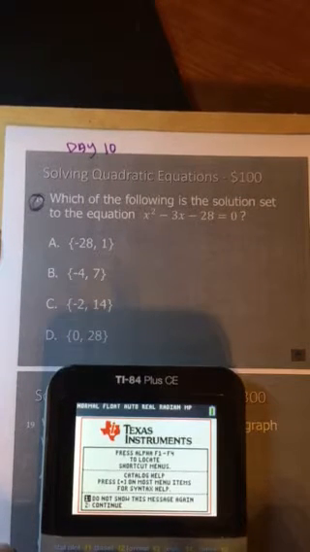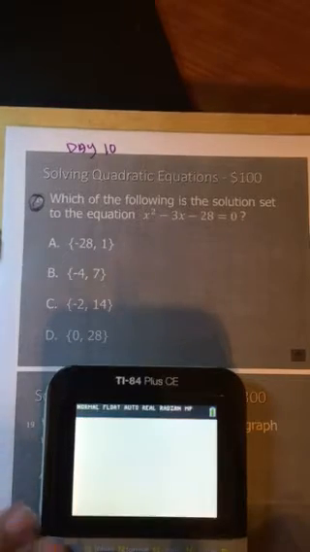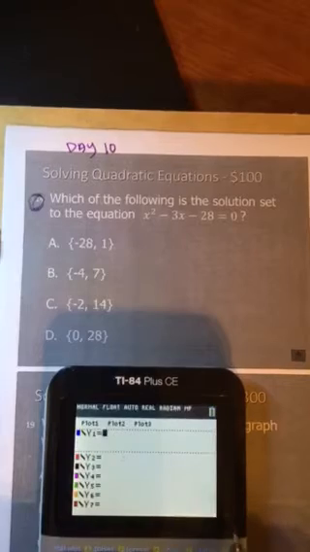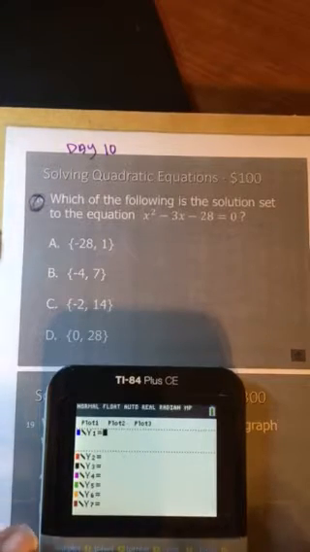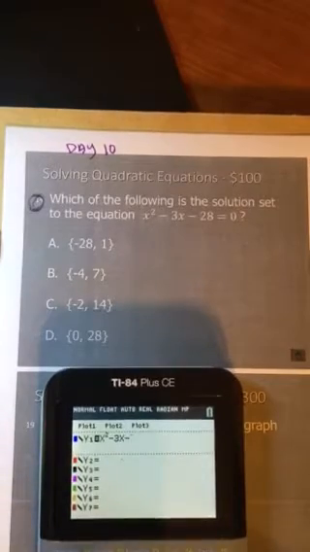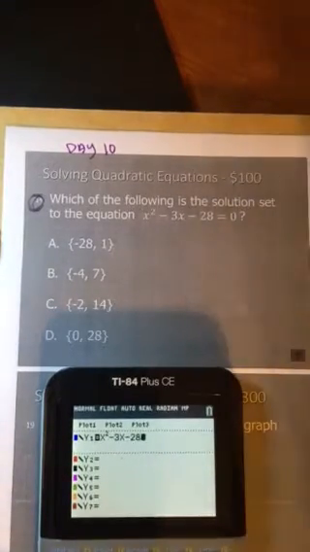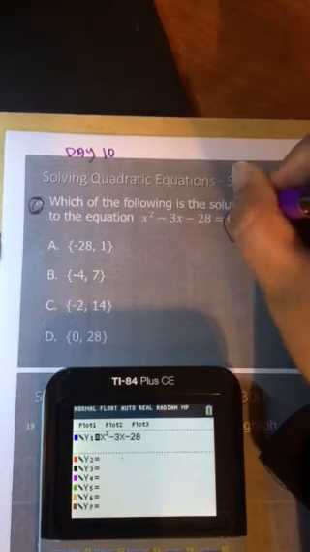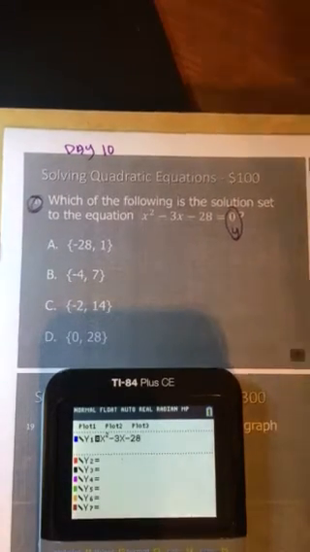It says, which of the following is a solution set to the equation x squared minus 3x minus 28? If you'll remember, a solution is where the parabola touches the x-axis. First things first, I need you to know that this is y, so it's asking where is y 0.